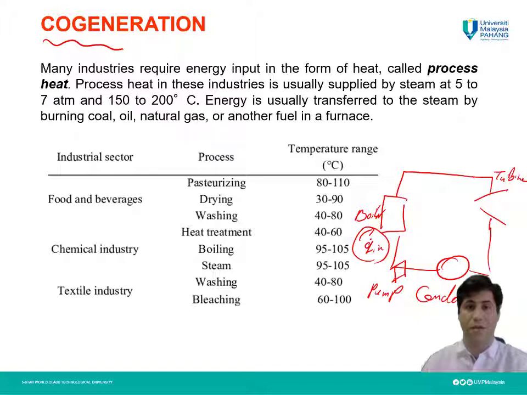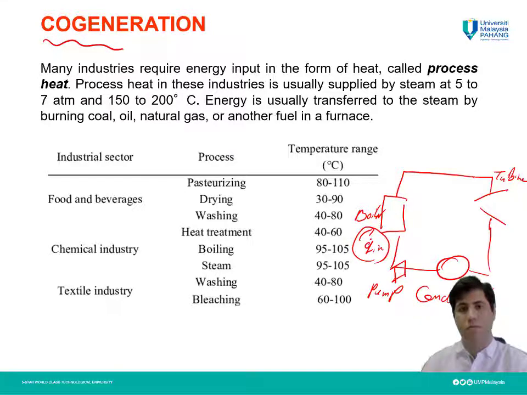By burning something, we can produce heat or thermal energy, then increase the temperature of the water, then it changes phase from liquid to gas and so on. So we need energy here. In different plants, we usually use different types of fuels like coal, gas, and so on to produce this energy and increase the temperature or thermal energy of the working fluid here.